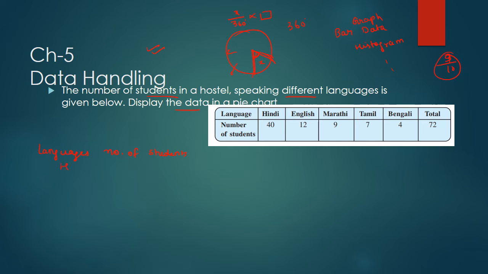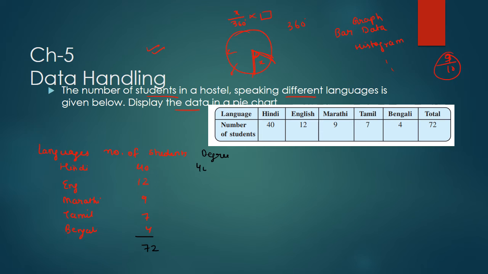We have Hindi, English, Marathi, Tamil, Bengali, and the number of students are 40, 12, 9, 7, 4, and the total is 72. So I have to find out the degrees, the central angle of each language.